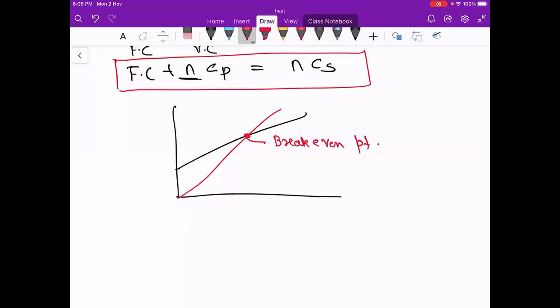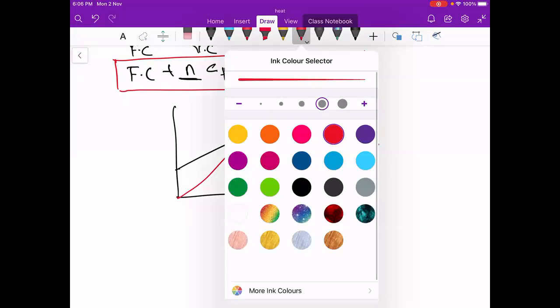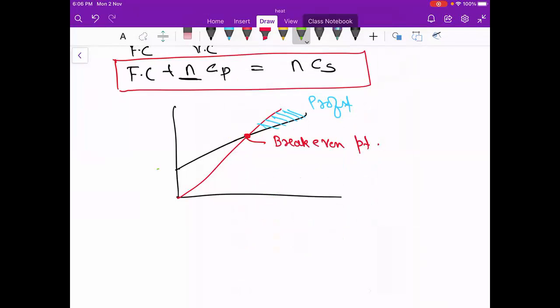And here this blue line represents profit, or I can take another color, green. So this is profit and red will represent loss. So this is loss and this is profit.